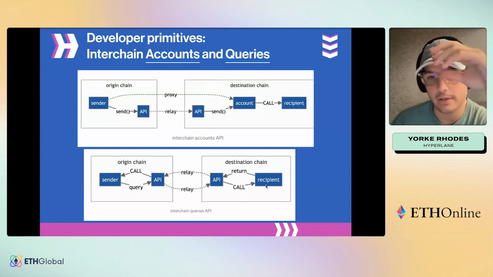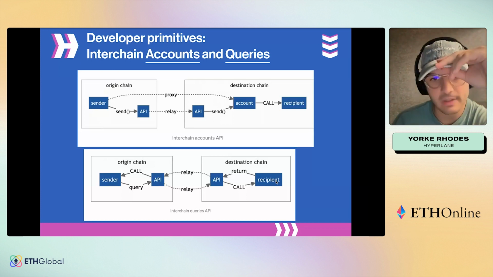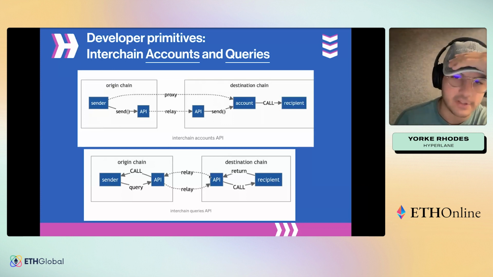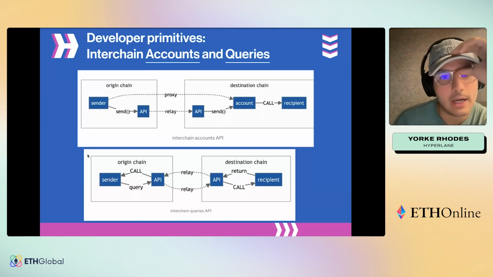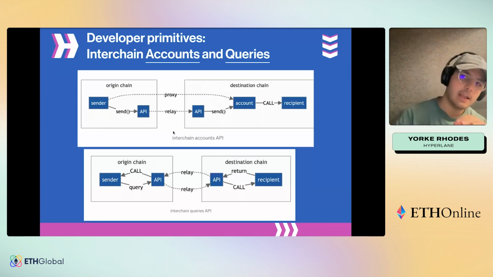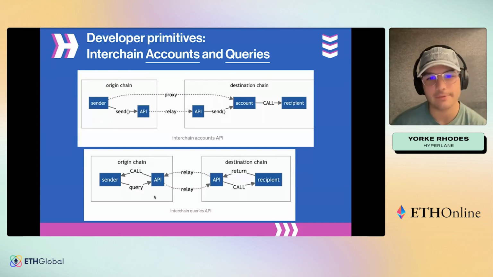And then after we've done the call, we did mint and we're getting the return value, we send a message back with the return value. So again, this is an async await style syntax. It really lowers the barrier to developers building applications that can leverage all these new infrastructure layers.